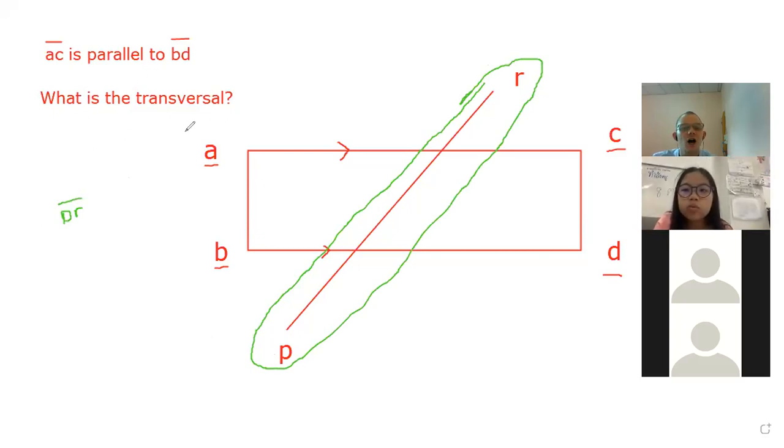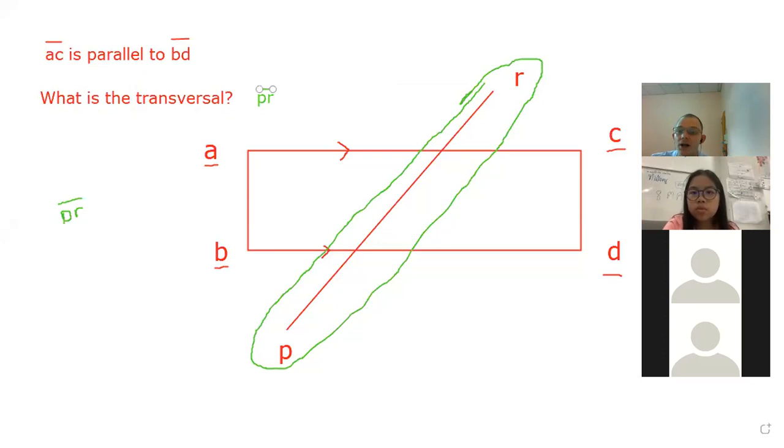So if the teacher asks you what is the transversal, you start smiling because you know the answer. Teacher, the answer is line PR. Line PR is the transversal. It's intersecting between the two. Okay, so that is all we're going to do for today.